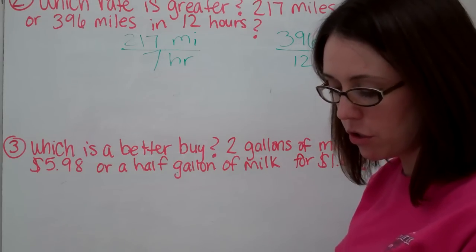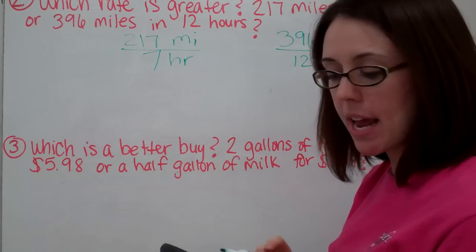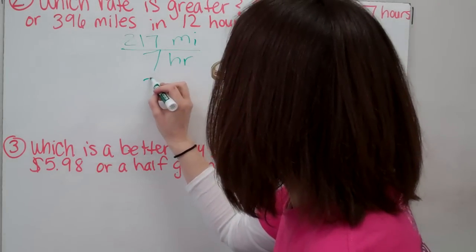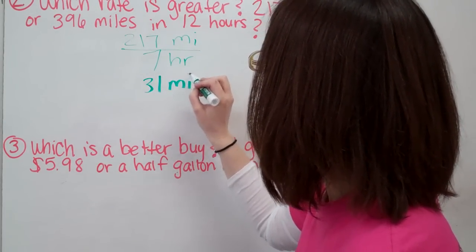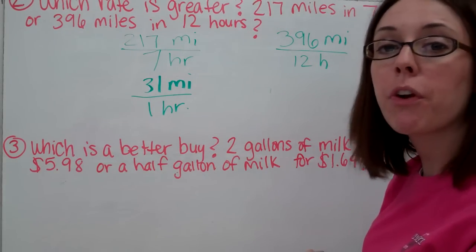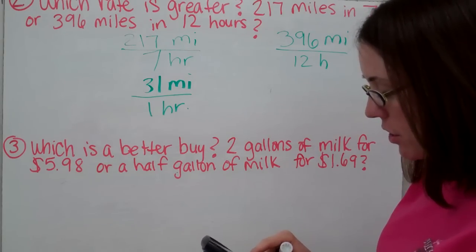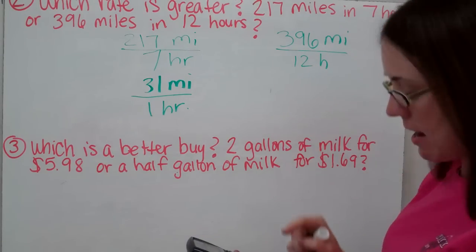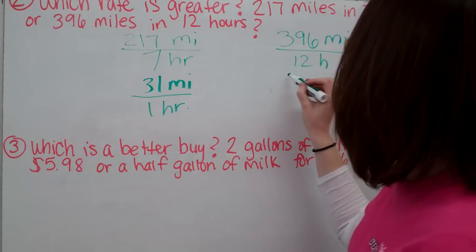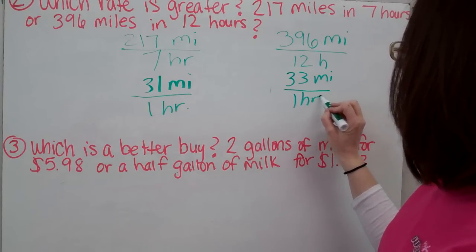Let's do our numerator, 217, divided by our denominator of 7. We get 31 miles in 1 hour. So here we were able to go 31 miles in 1 hour. Here, numerator, 396, divided by 12. You get 33 miles in 1 hour.